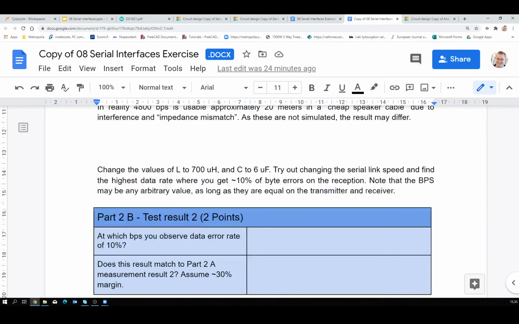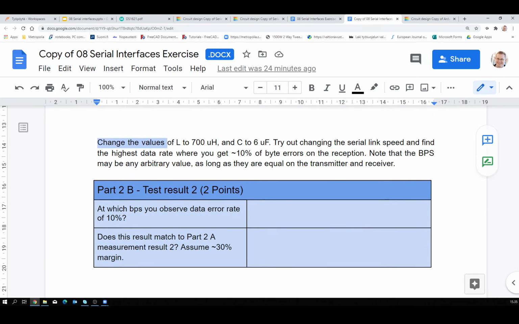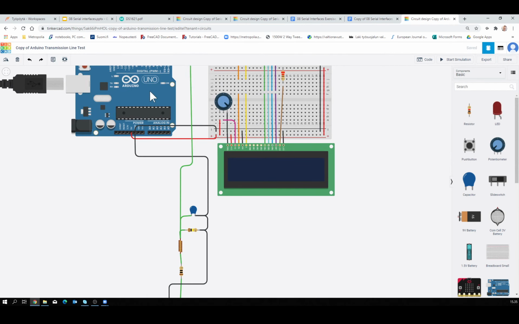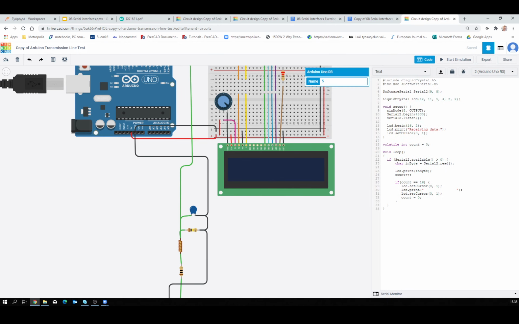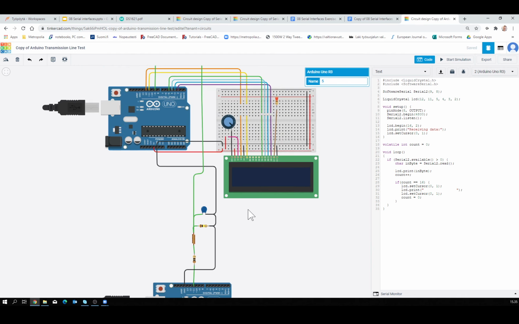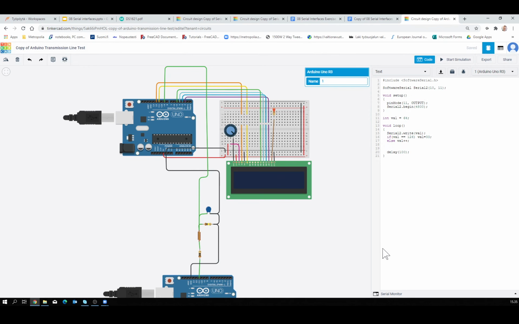Okay, then part 2b, change the values back to those common 700 microhenry and 6 microfarad. And you will go to the code of that one. Change the serial line speed on here, and same thing on the other one.